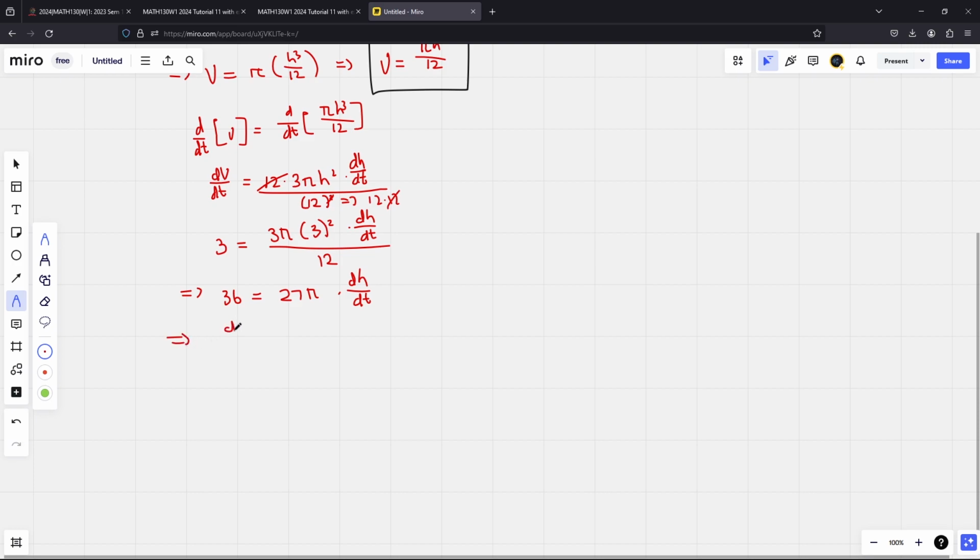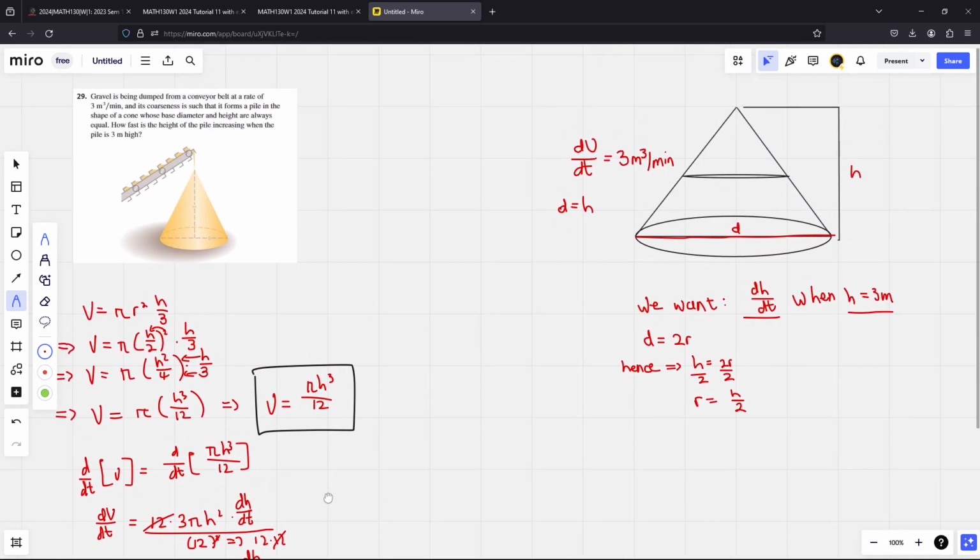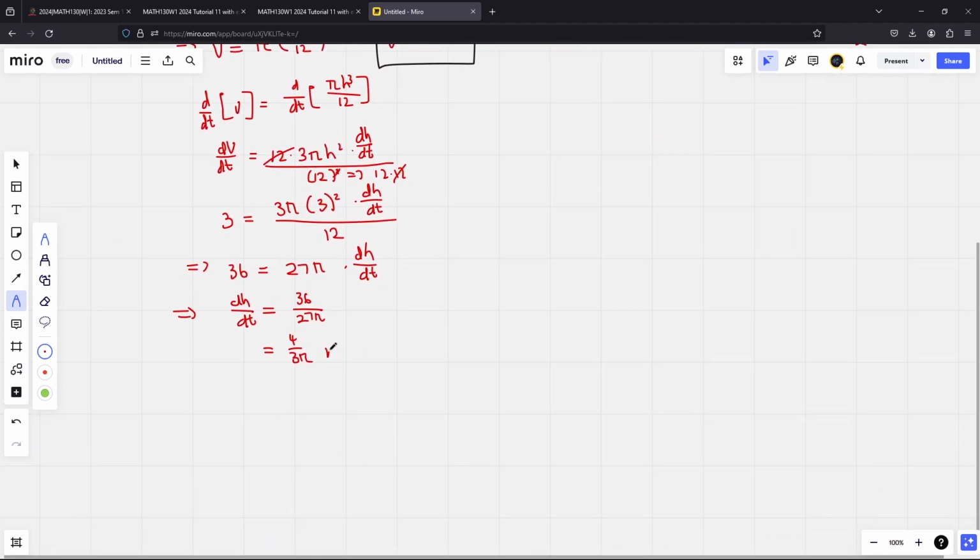That means that dh/dt, if I divide both sides by 27 pi, is 36 over 27 pi, and that simplifies to 4 over 3 pi, and that's going to be meters every minute.